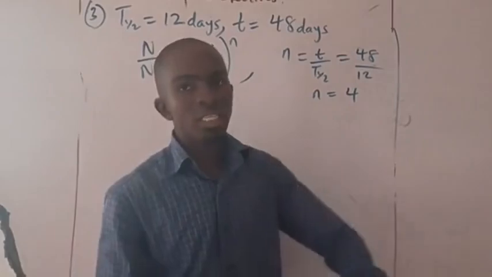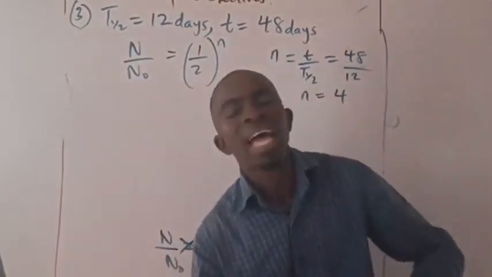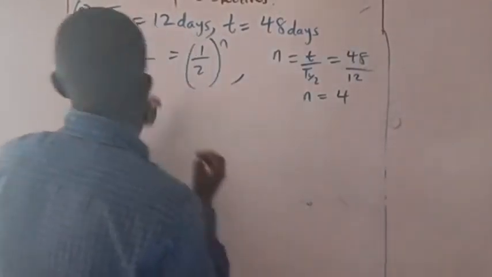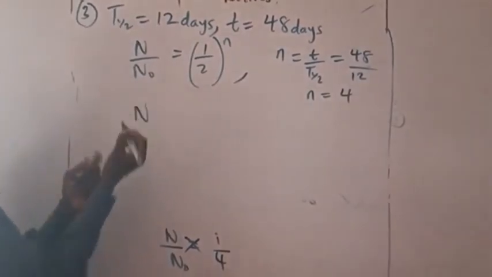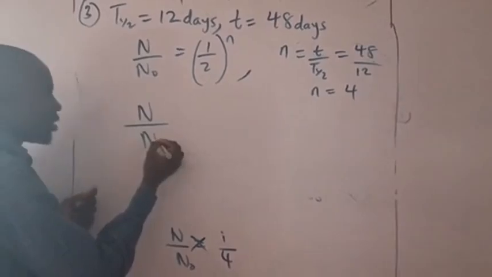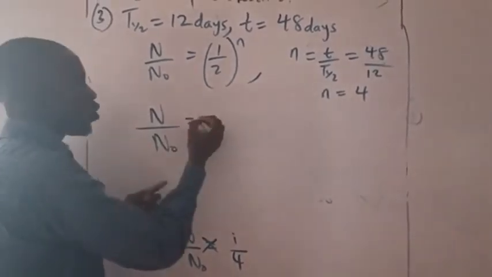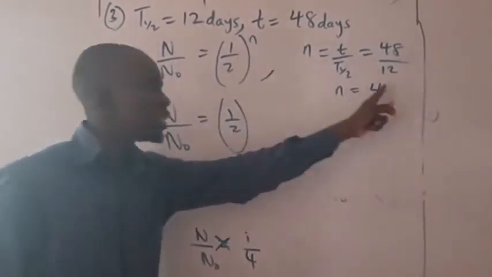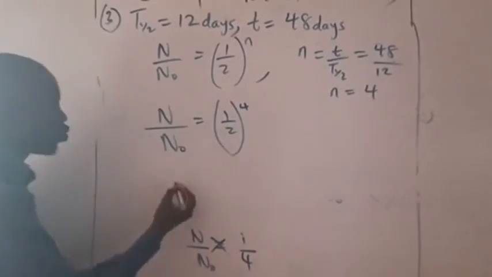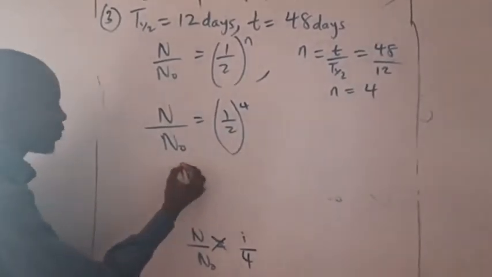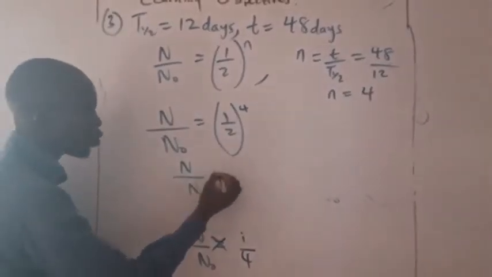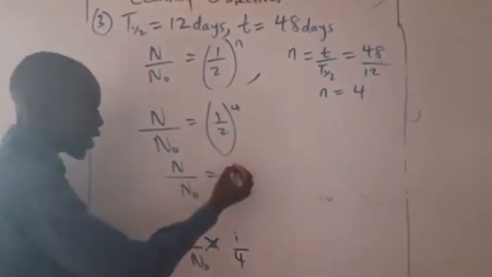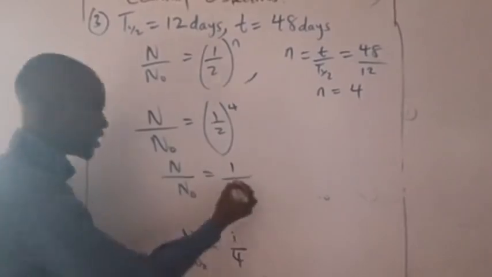So it means the radioactive element decayed 4 times. So our capital letter N, which we do not know, over N0 equals 1 over 2 all raised to power 4. So N over N0 equals 1 raised to power 4 is 1, and 2 raised to power 4 is 16.